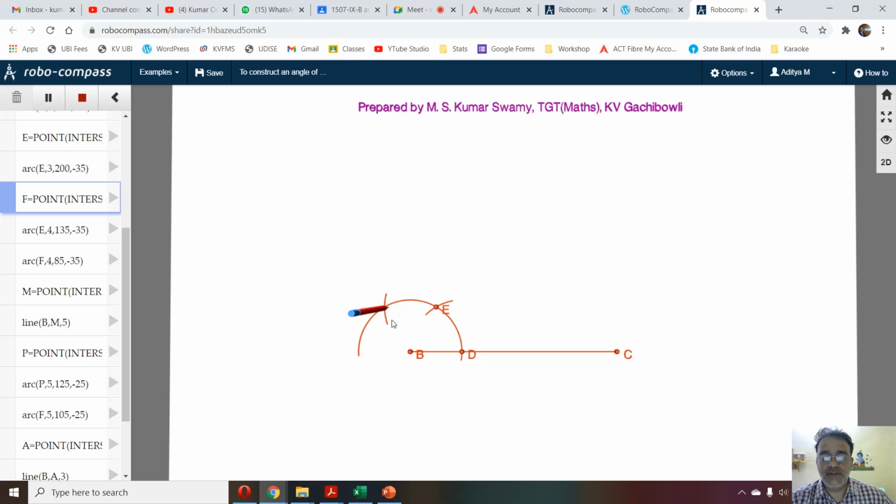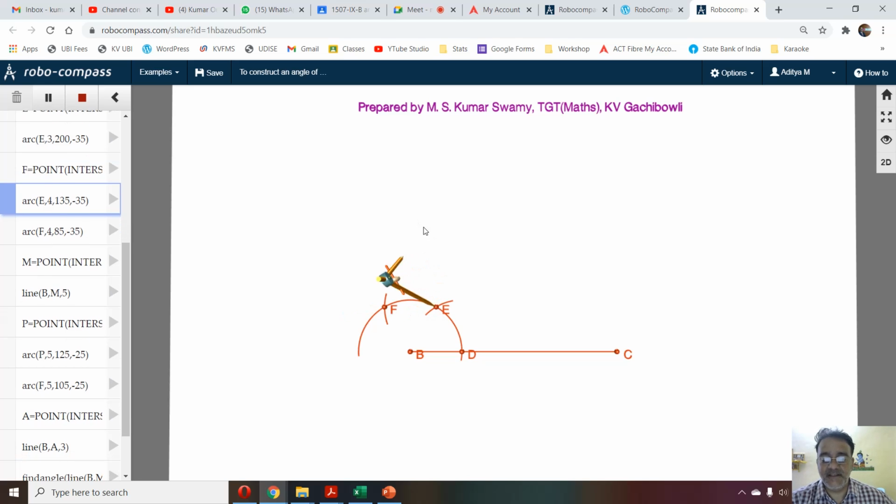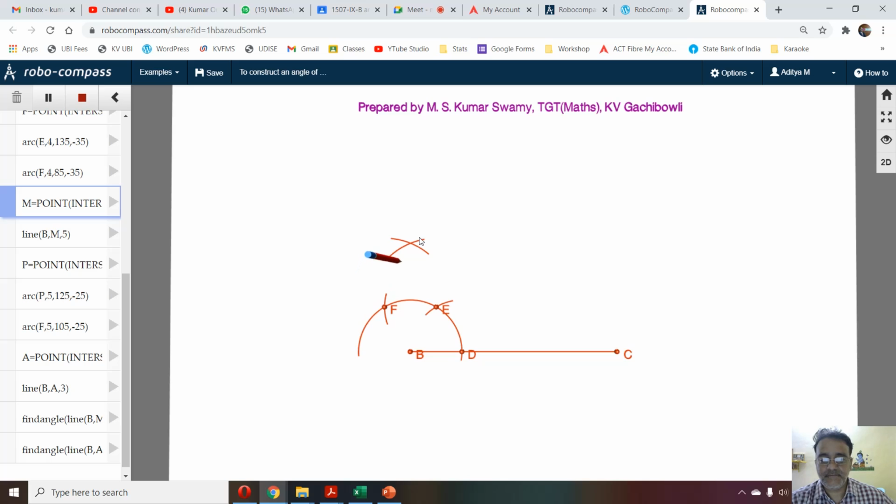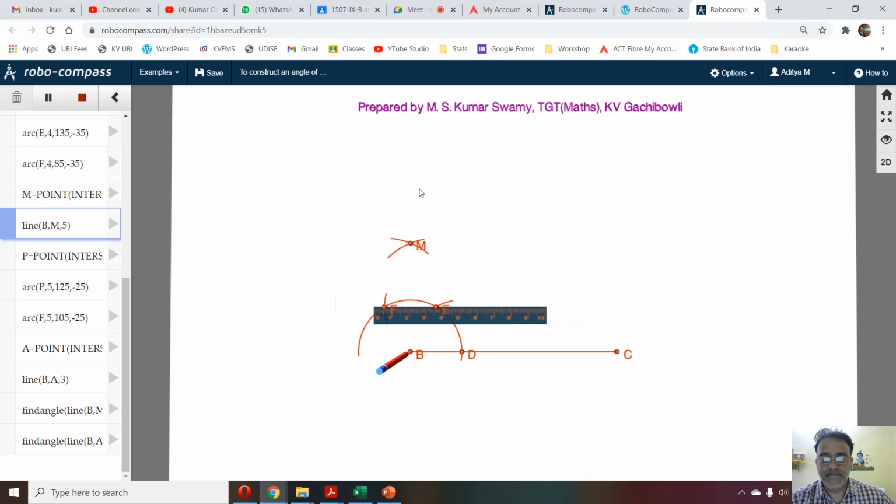Now we'll draw two arcs with centers E and F on the same side of radius more than half of EF. So from E we drew, now we are drawing with center F. Both will intersect at point M. Now draw a line through OM.